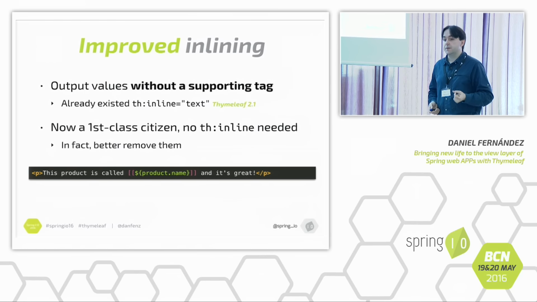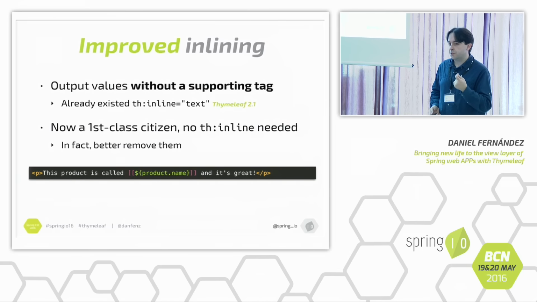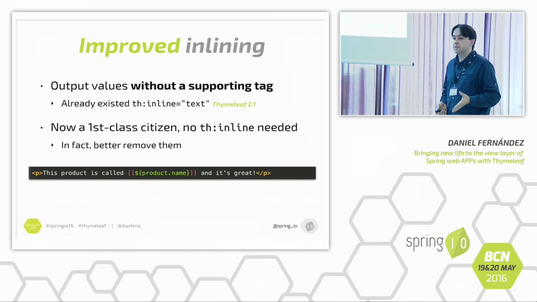Now in Thymeleaf 3, that is a first-class citizen, so you shouldn't enable it explicitly, because it will be faster. You can do inlining anywhere in the bodies of the tags, and you don't have to do th:inline. So this is just another way of outputting things. Of course, natural templates will not be available to you if you do that, but that's your choice.